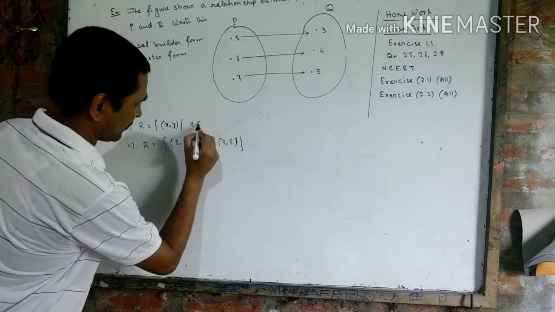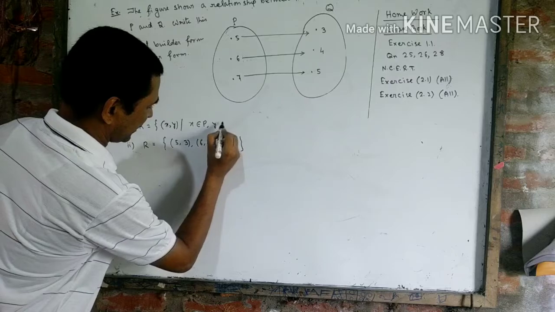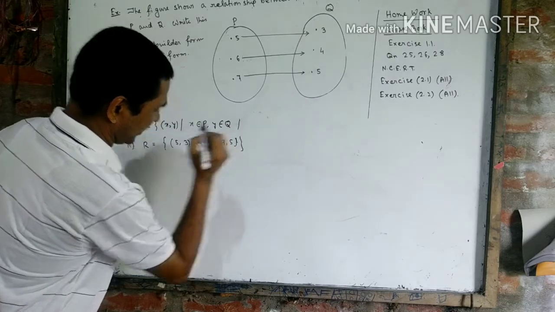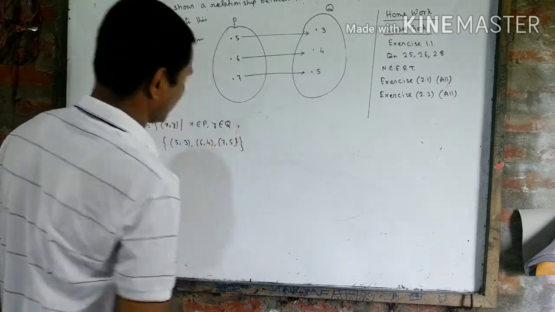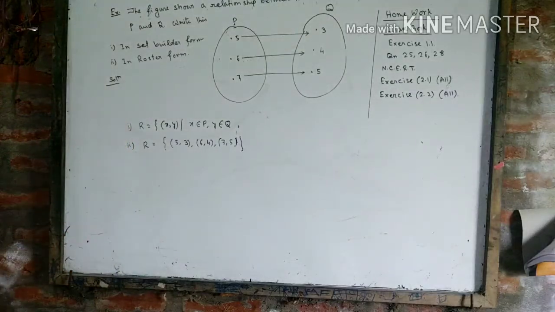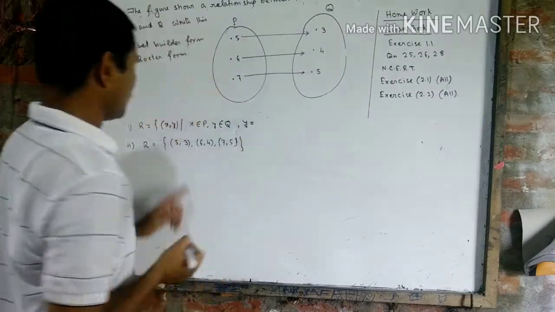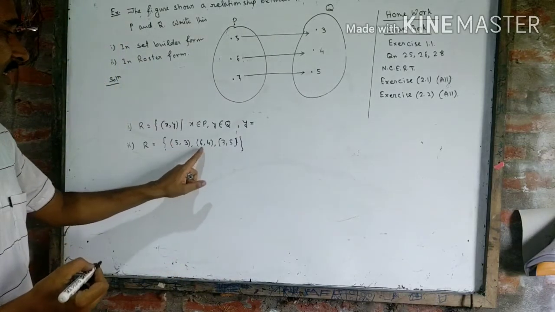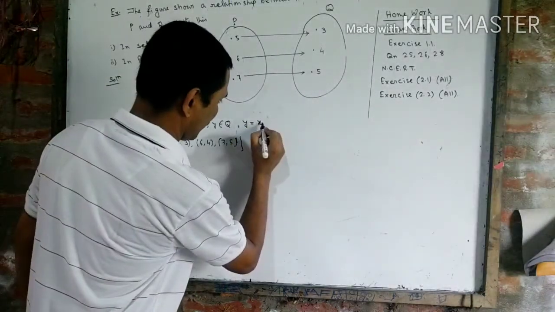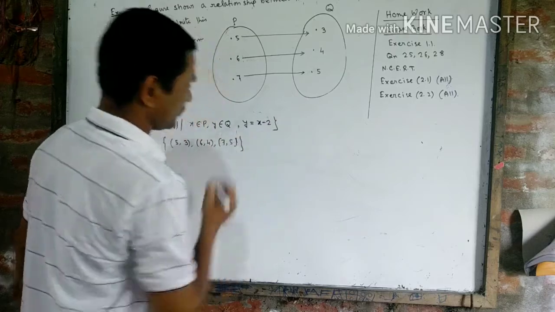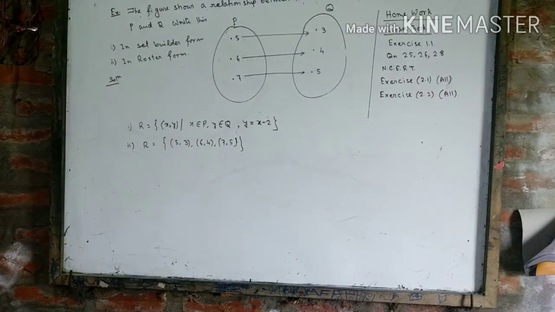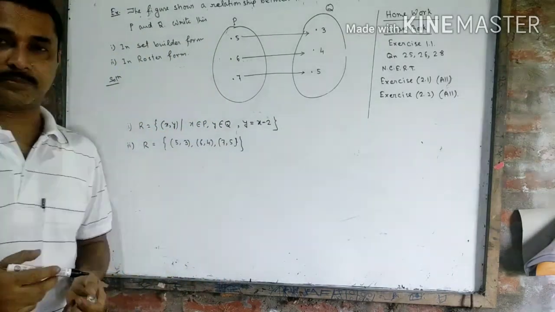Clearly x comes from the set P and y comes from the set Q, such that, better you use a comma, what is the relation between x and y? As you see here, y equals x minus 2. So this is the relation in set builder method.